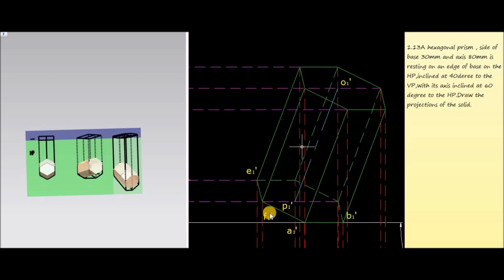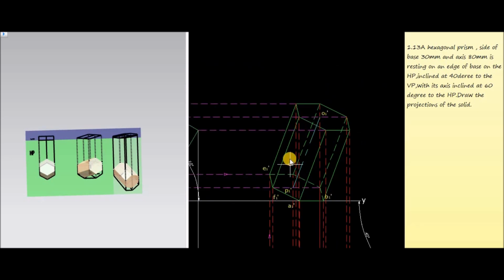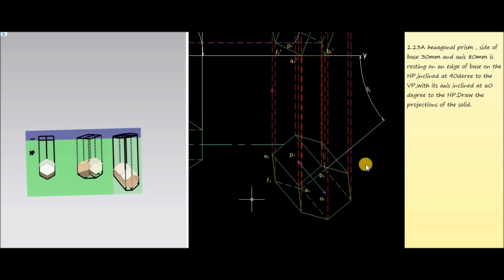Then we will get bottom corners which can be represented as A1 dash, B1 dash, C1 dash, D1 dash, E1 dash, F1 dash. Then center of the bottom face P1 dash, then center of the top face O1 dash, and axis P1 dash O1 dash. Now this one represents the final front view corresponding to 60 degree inclination of axis and 40 degree inclination of the one of the corner, which makes 40 degree with the XY line.